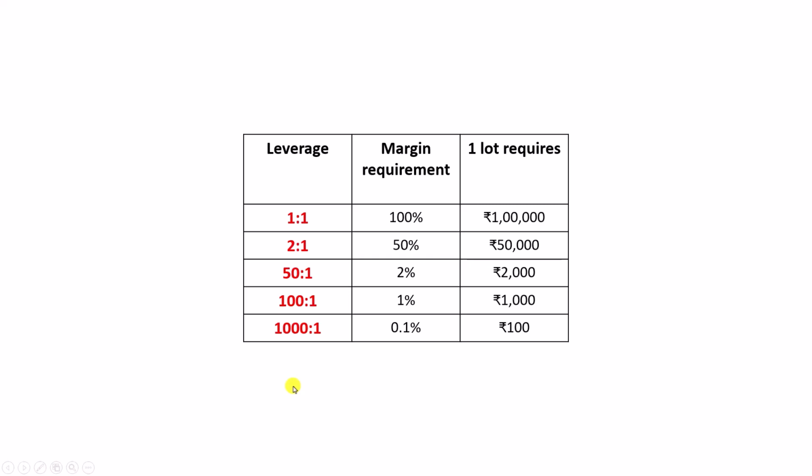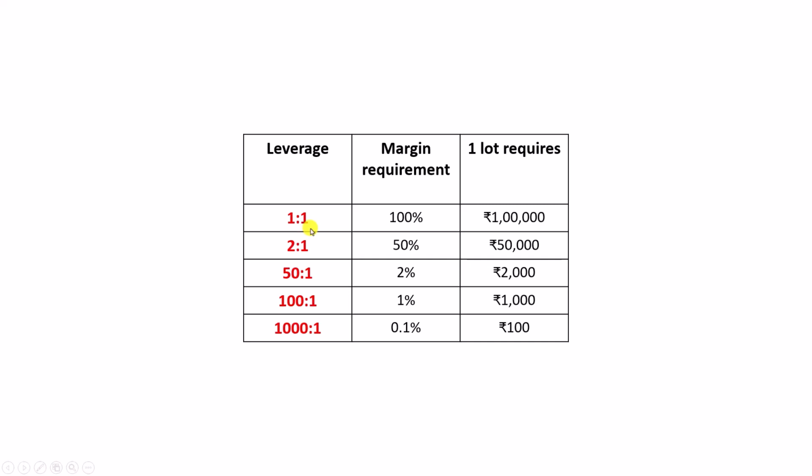Now this is how the brokers mention leverage. Let me explain each one of these. The first one is no leverage. 1:1 means the broker is not loaning you any amount or giving you any extra money.